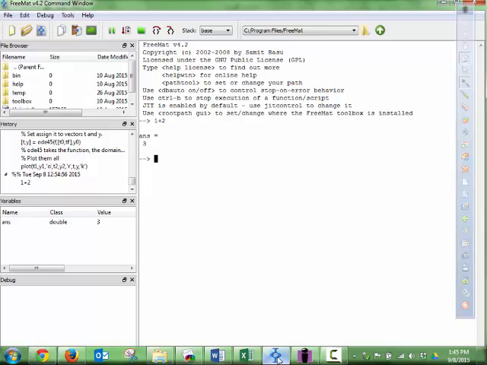Okay. Let me walk through it using MATLAB. What we're going to do is define a function first. This is syntax stuff that you'll probably have to look up.